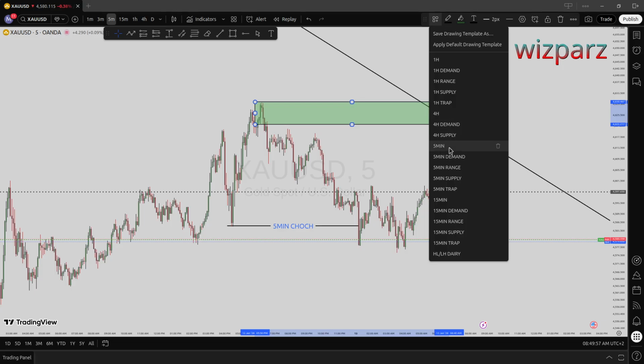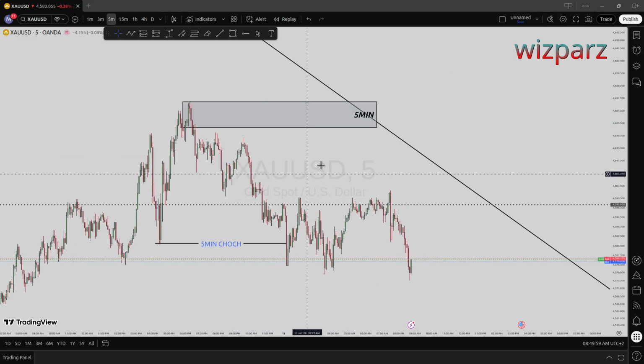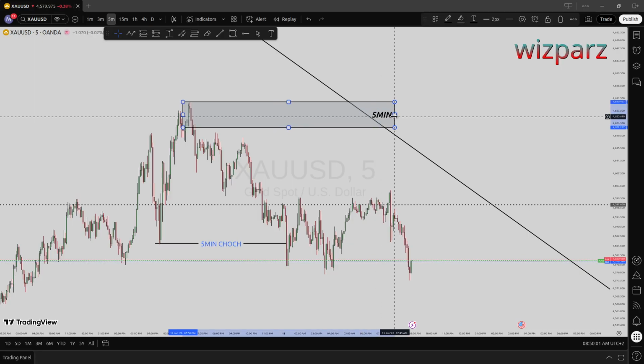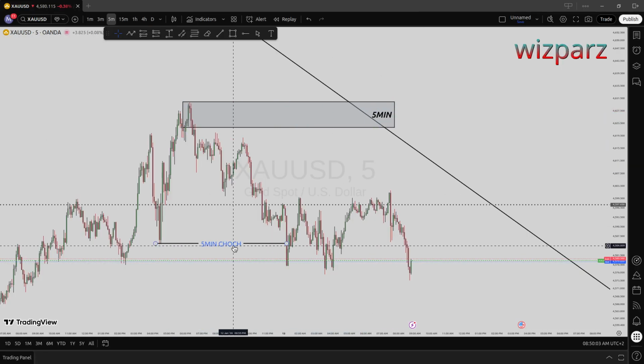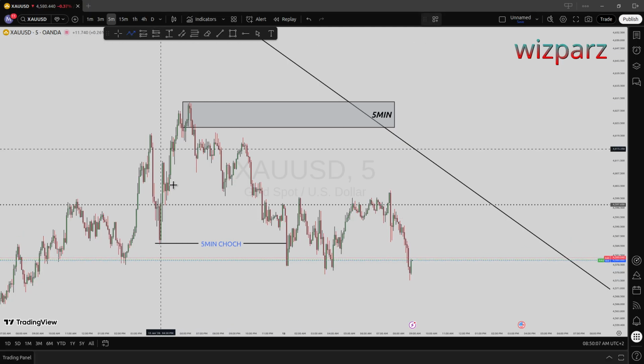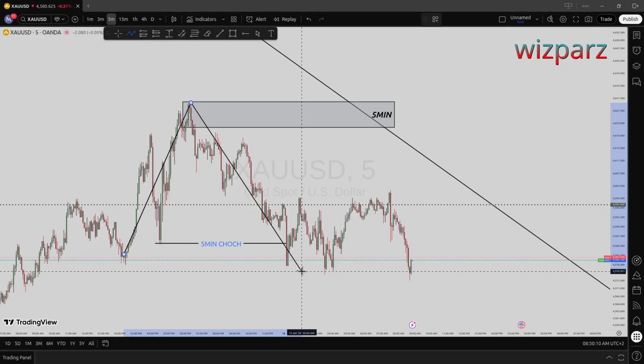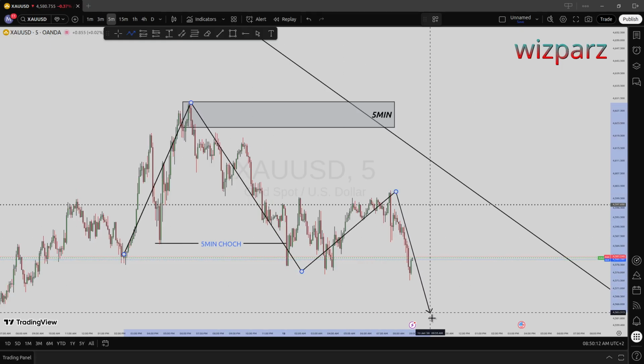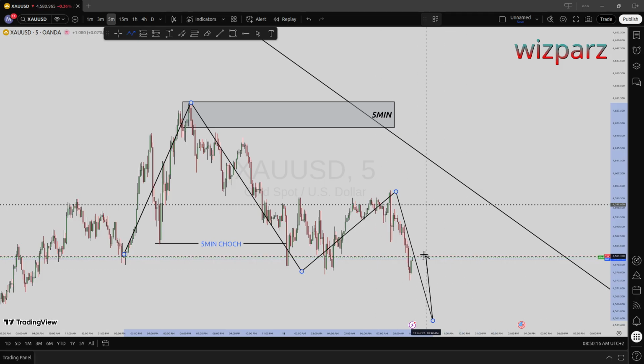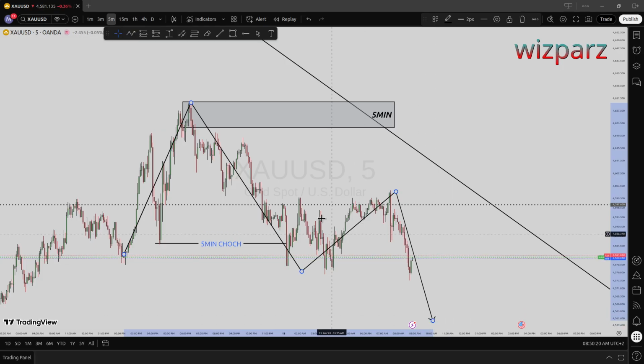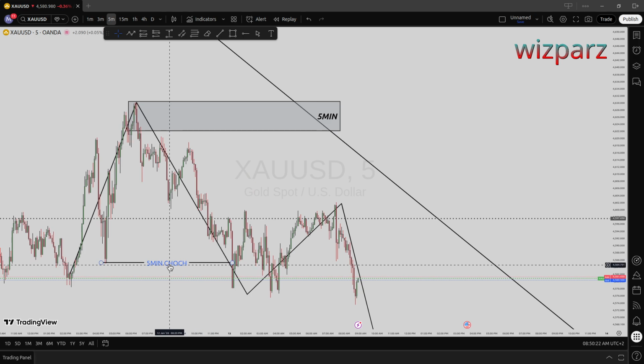This is the 5-minute higher high, and we have seen a change of character to the downside, and from there we are expecting the market to continue pushing lower while approaching that major 4-hour demand area.